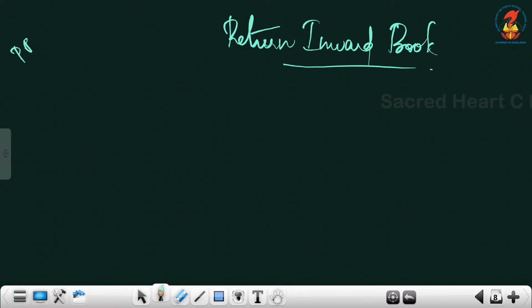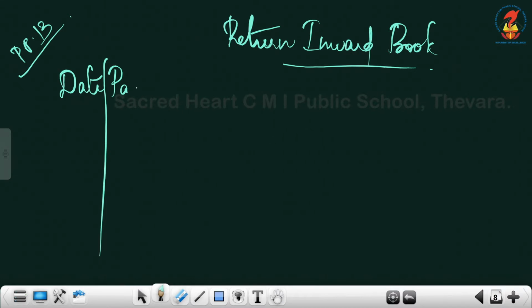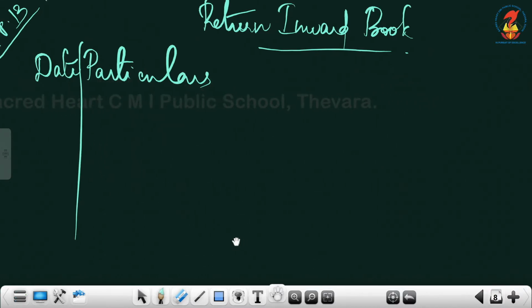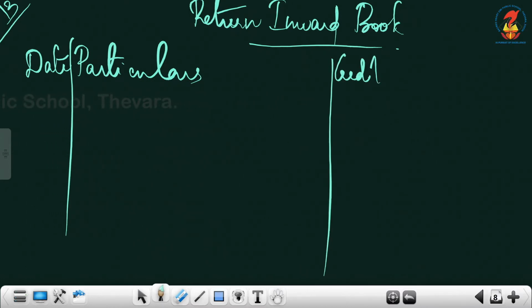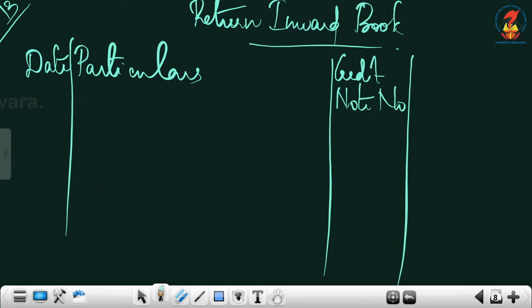This is practical problem number 13. And instead of invoice number, we have to write credit note number since it is sales return.